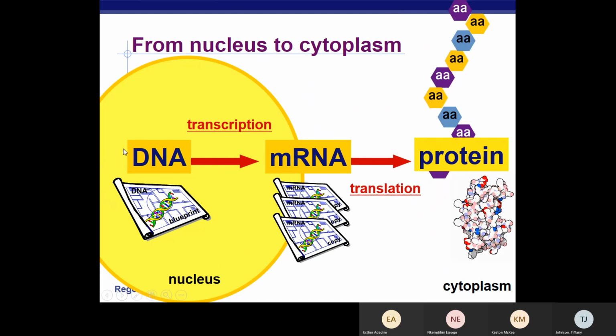So in the nucleus, we're going to copy the information from DNA into a molecule of messenger RNA. Then the messenger RNA is going to leave the nucleus and go out to the cytoplasm, where it's going to hook up with the ribosome and start to actually build the protein. So today, we're going to talk about how this process occurs.